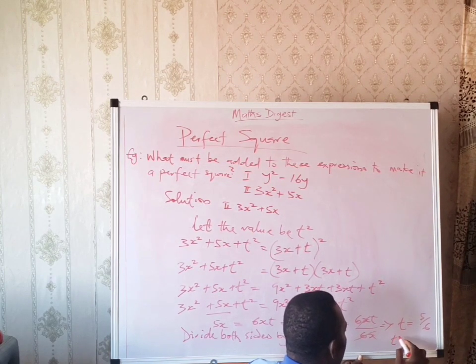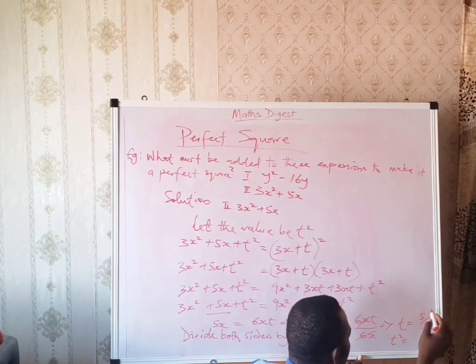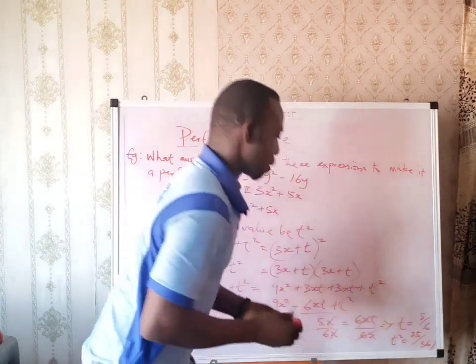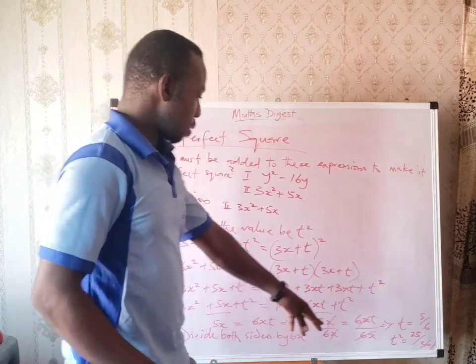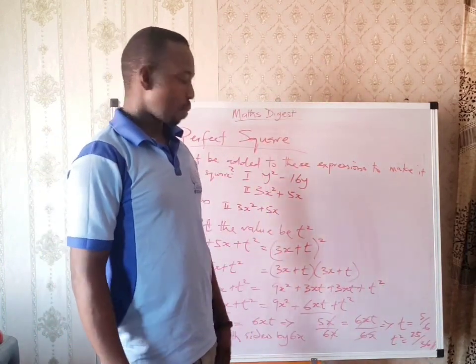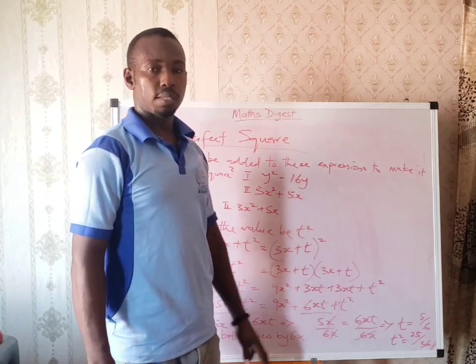So t squared now will be equal to this raised to power 2, which is 25 over this raised to power 2, which is 36. So this becomes the final answer. Okay, t squared is equal to 25 over 36. All right, thank you very much. That's the final answer.